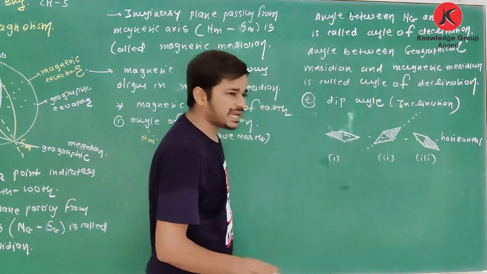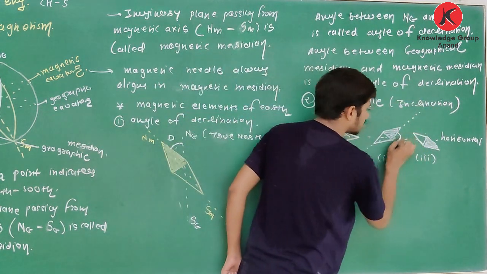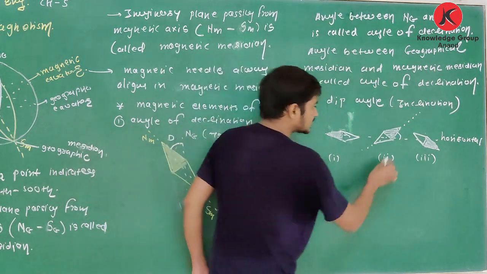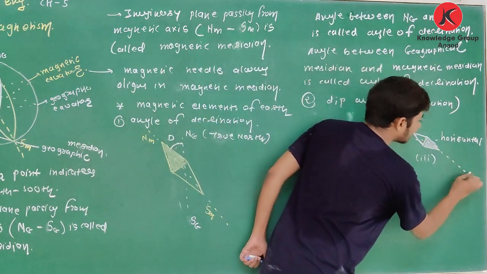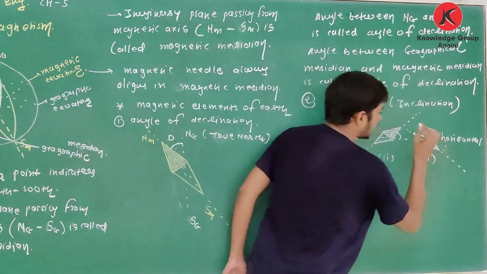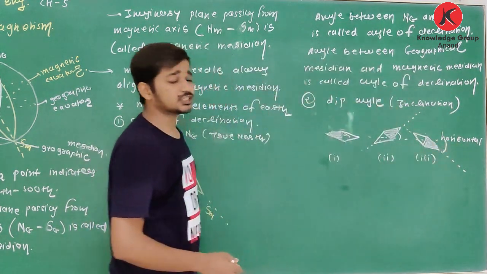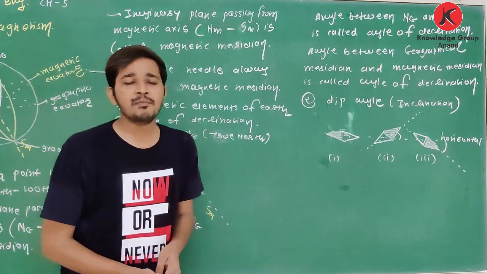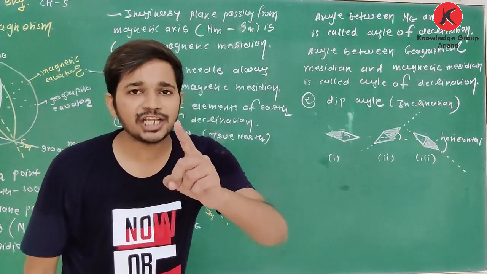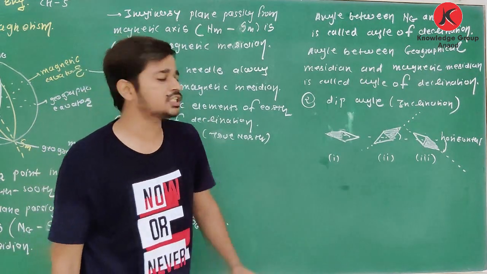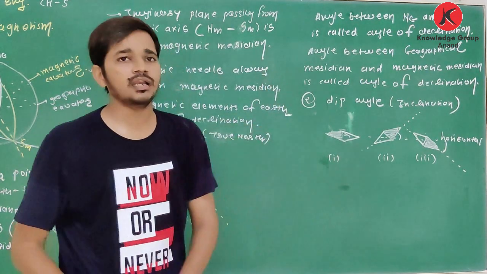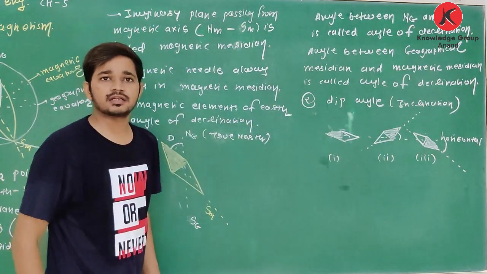In the other cases, the magnetic field makes some angle with horizontal. So the angle made by the magnetic field with horizontal is called the dip angle. Clear about this?